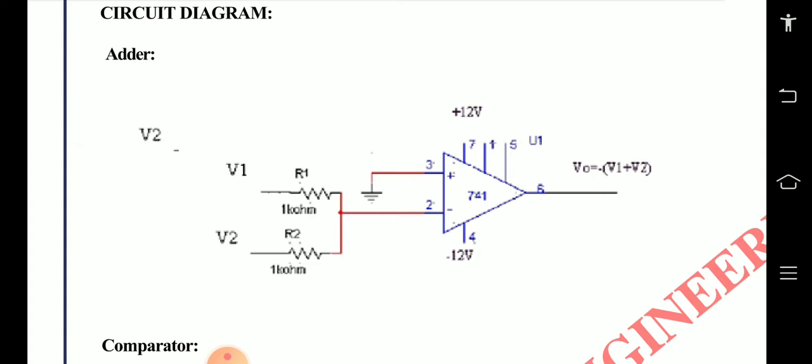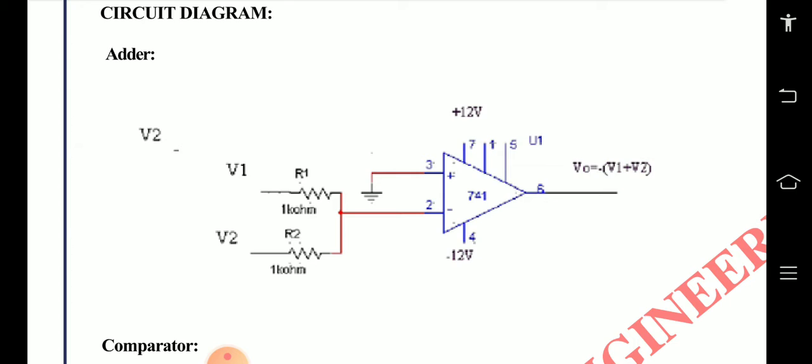When you give two inputs to your inverting terminal, your op-amp will perform its operation by adding them, and it gives you the output at pin 6, that is V0. So your V0 will equal the sum of the inputs with a negative sign.